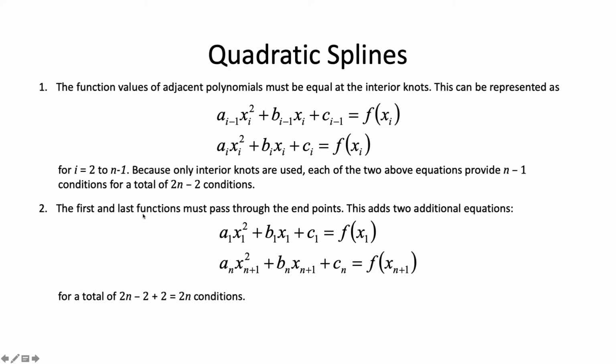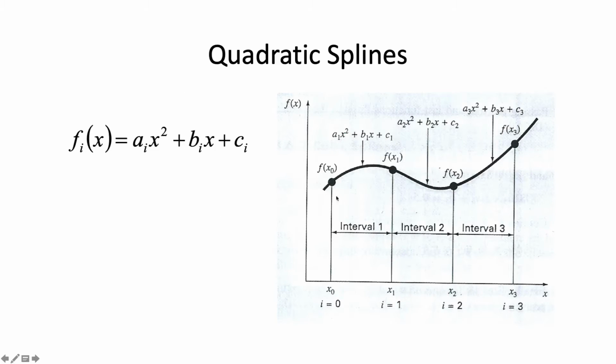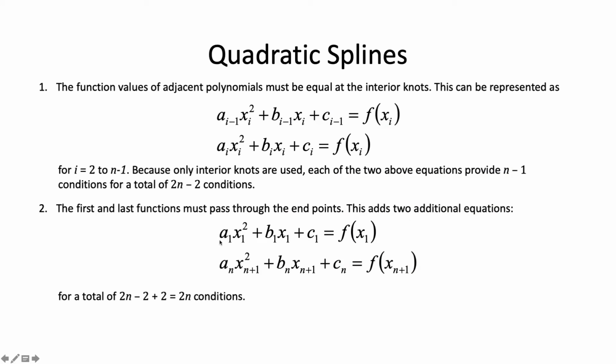The first and last functions must pass through the endpoints. This adds 2 additional equations. Here are the endpoints. a1 x1 squared plus b1 x1 plus c1 equals f of x1, and a sub n x sub n plus 1 squared plus b sub n x sub n plus 1 plus c sub n equals f of x sub n plus 1.